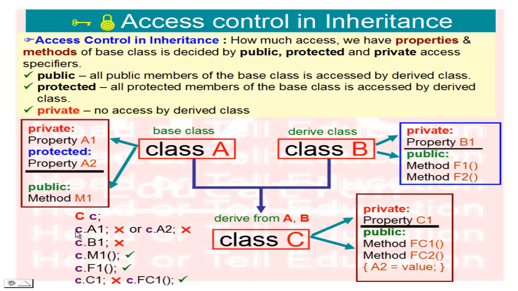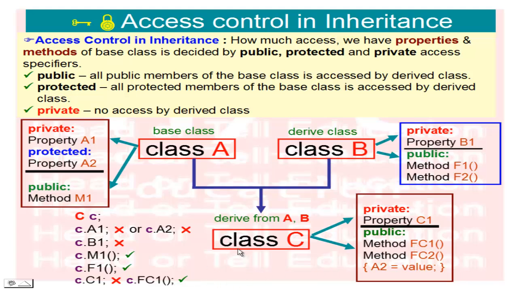C.F1 is also usable because in class B the method F1 is publicly accessible. C.C1 is a private property of class C, so this is not accessible, but the C.FC1 function is publicly accessible.